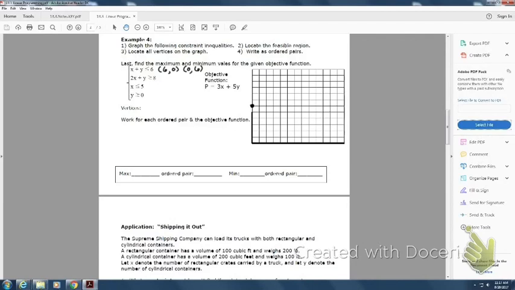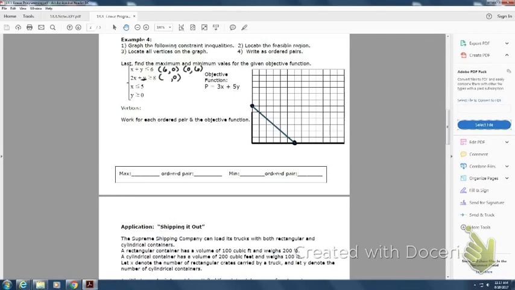There is 0, 6, 6, 0. Connect the 2. Then do the same with the second equation.